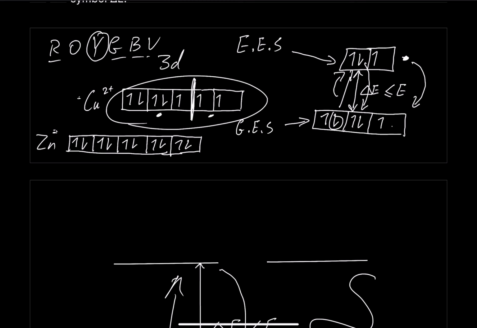The energy gap is useful to us because it allows electrons to be excited from a lower energy orbital to a higher energy orbital. But in zinc, all of the orbitals are full. Remember, a transition metal ion has a partially filled d subshell. There's a reason for that. It's not just because it sounds nice. It's part of the definition, because it directly relates to the properties that it has.